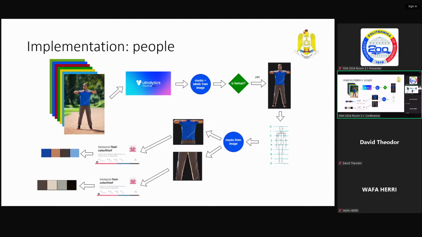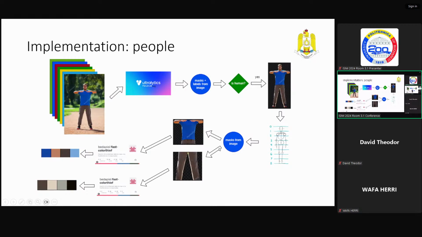Now, a similar approach. We pass the original image through YOLO V8. We get masks and labels. We put a question: is it a human? If it is, we remove its background using the mask. After that, we apply body proportion.